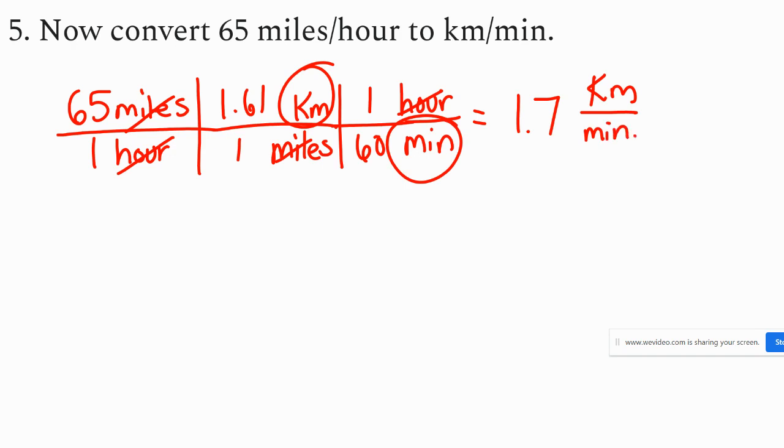See how you can attack two different things in the same problem? We attack distance and then we attack time. Could I have attacked time first and then done distance? Yes, it doesn't matter which one you start with as long as you get both of them in the end. I'm confused on how you determine how many sig figs you use.